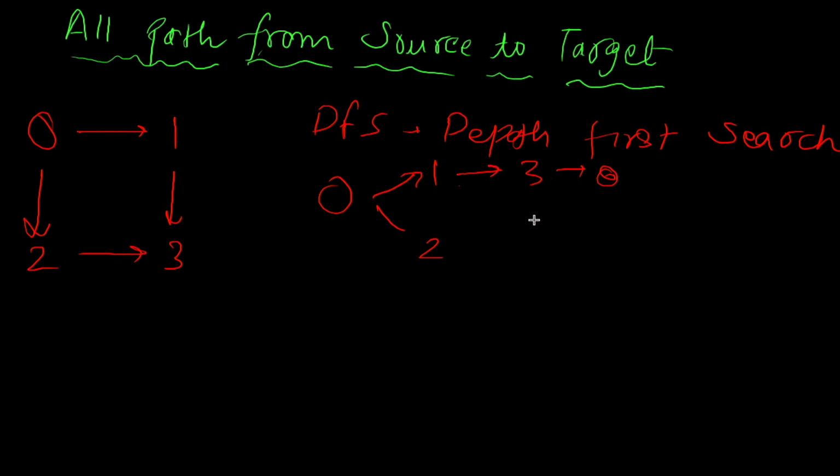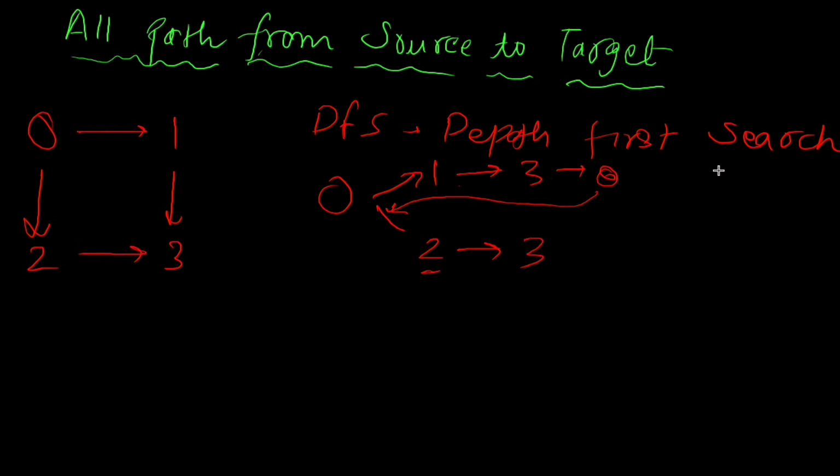After this is completed, I come back to node 0 and see that I still have 2 in my path which I can visit further. So I go to 2, and from 2 I go to the neighbors of 2, which is 3.